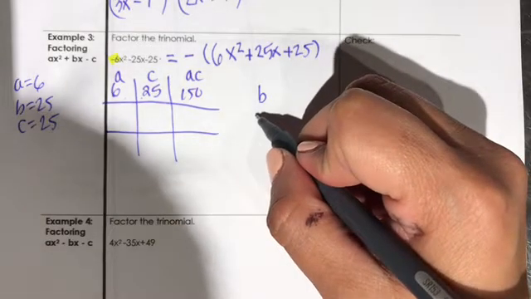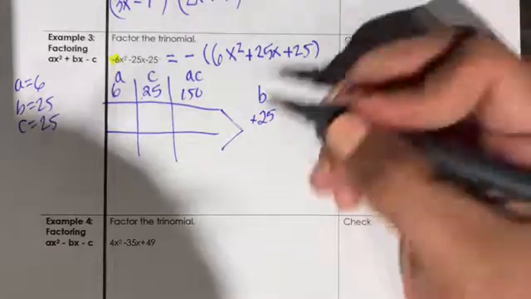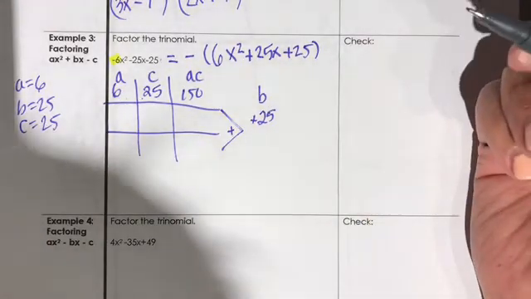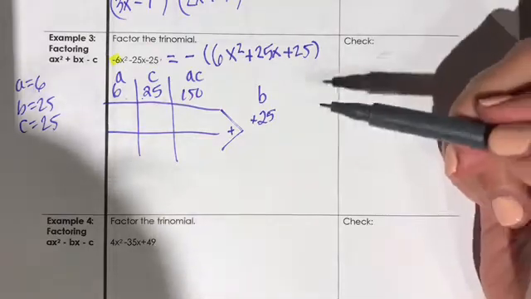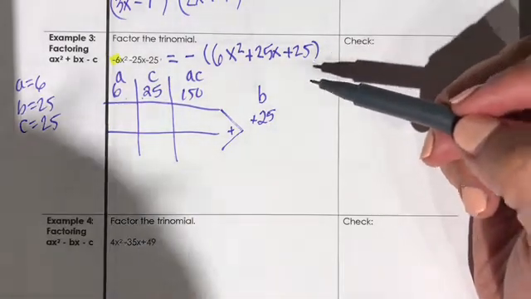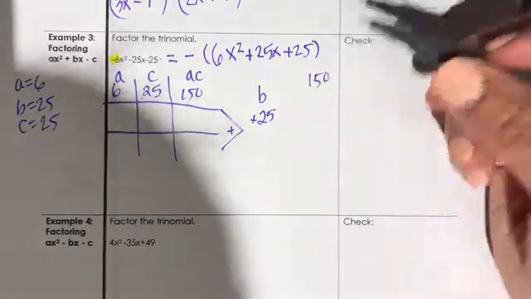B is positive 25, so the factors here will add up to be positive 25. So the factors of 150, go ahead and figure that one right here.